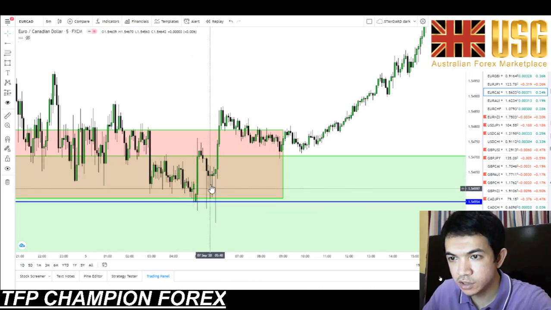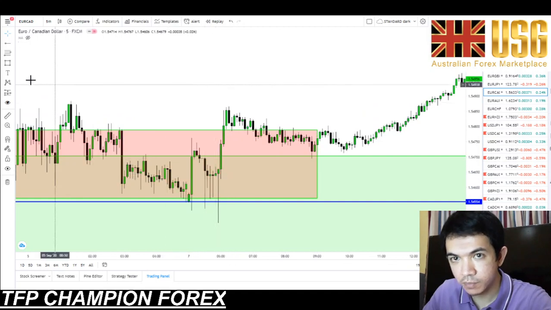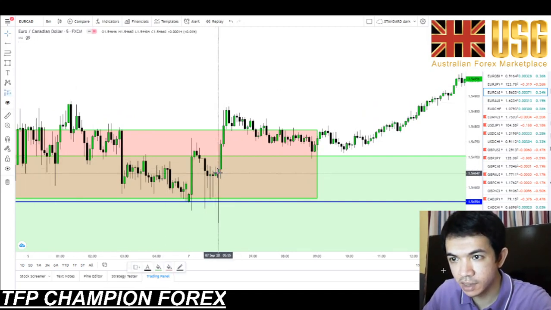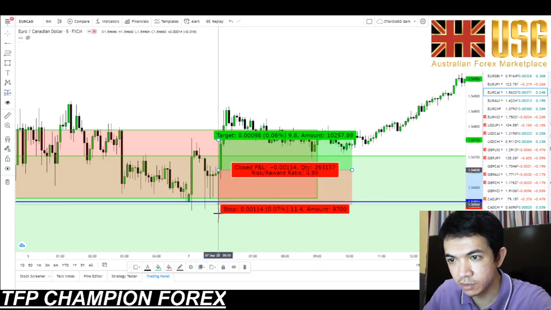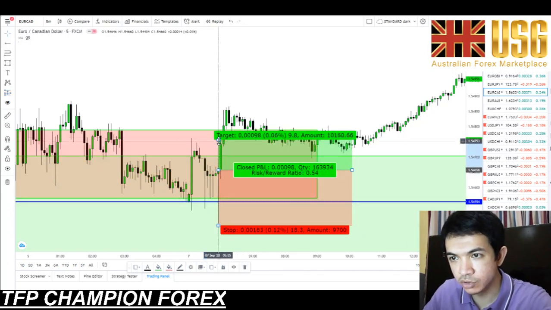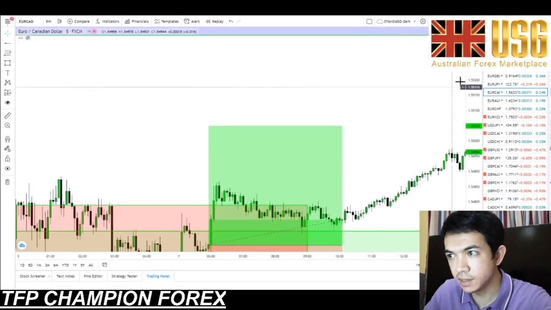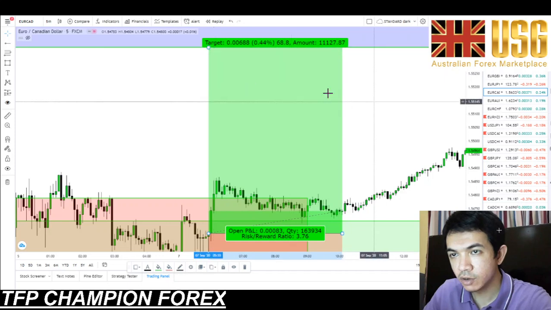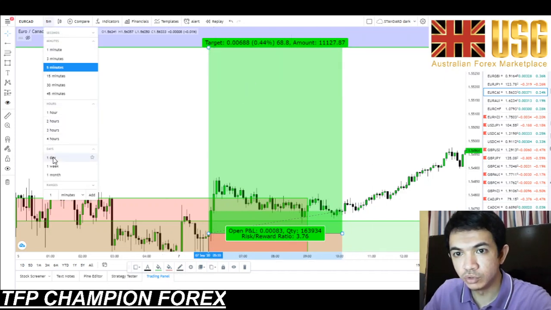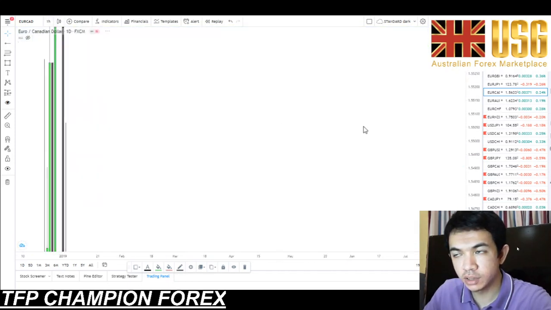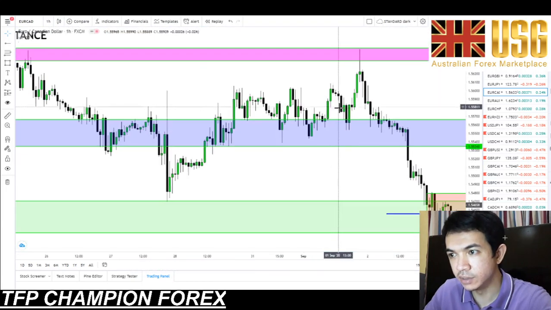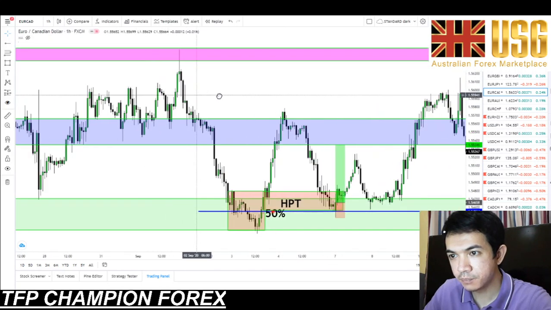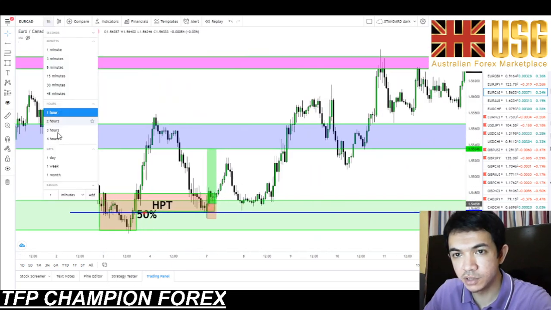Once I saw this pin bar, I can place my entry here right after the next candle, or basically here, and then stop loss just below structure, and my TP is the next level, or the 50% of my overall zones at the H1 time frame where I mark my key levels. So that will be my trade for that specific opportunity.